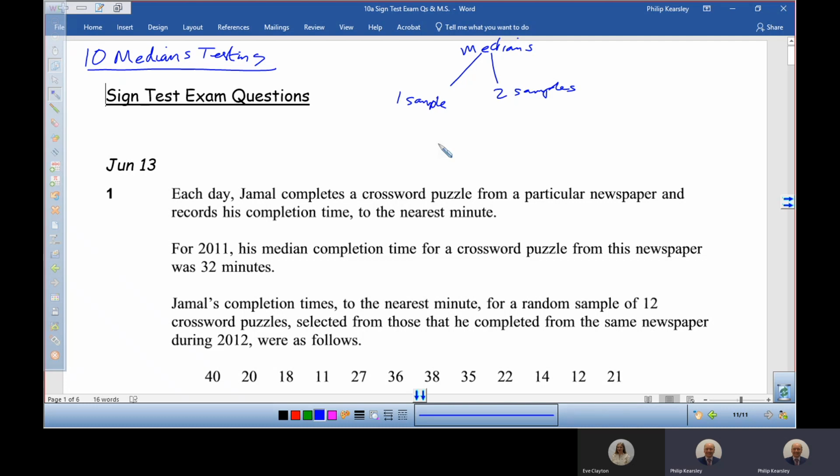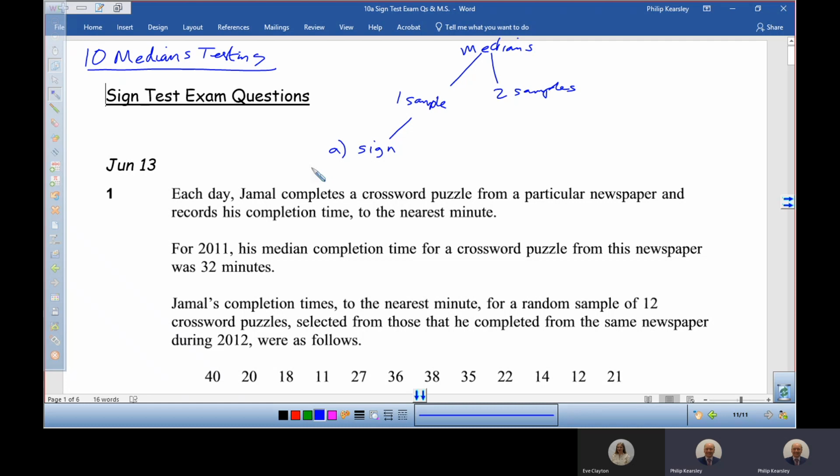For your one sample testing, where you compare your single sample against a unique value, a median, you can either do your sign test, which is 10A, I call it, like the first component.